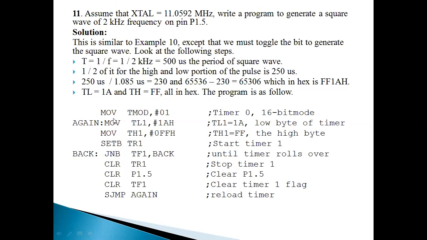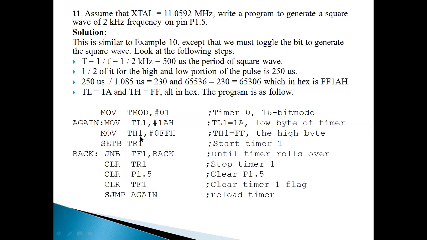So the program is again timer 0, 16-bit mode, which means we have to move TMOD, #01H. Then actually here we have to take TL0 as 1AH and TH0 as 0FFH.